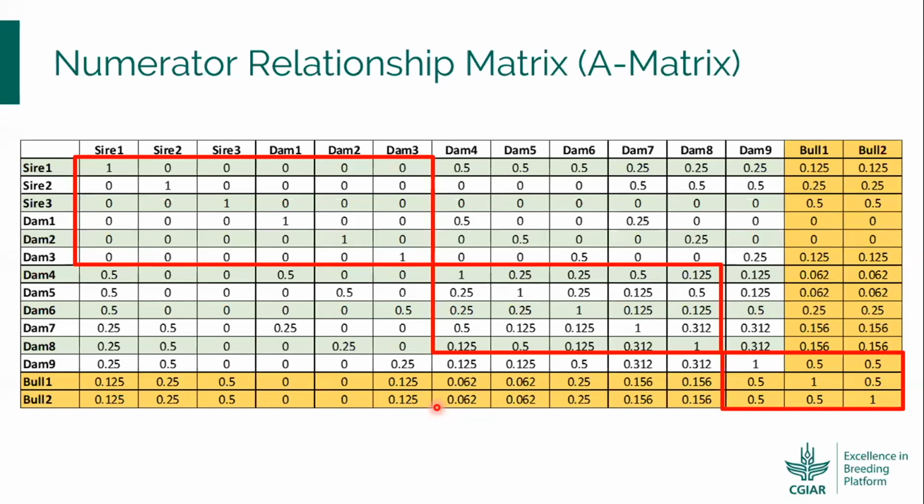Here we assume that individuals having family relationships provide some information to each other, basically that they can borrow information. For example, look at this numerator relationship matrix. This is information from the pedigree converted into what is called a relationship matrix, with the same number of rows as columns, and rows representing different individuals.